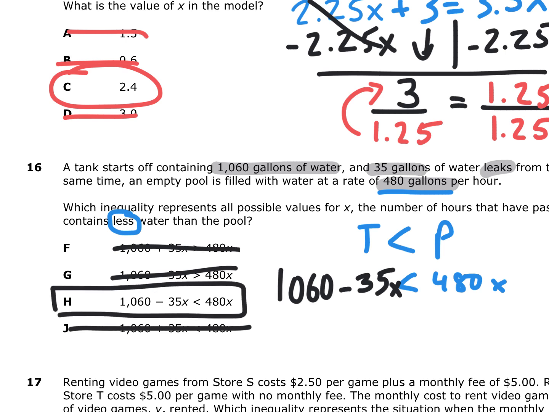So notice, I didn't just start writing all of this stuff down, right? What I did first is I asked myself, what is it asking? It's asking for T less than P, tank less than pool. And then from there, I took the pool piece and said, well, I know it has to be this symbol with pool on that side.